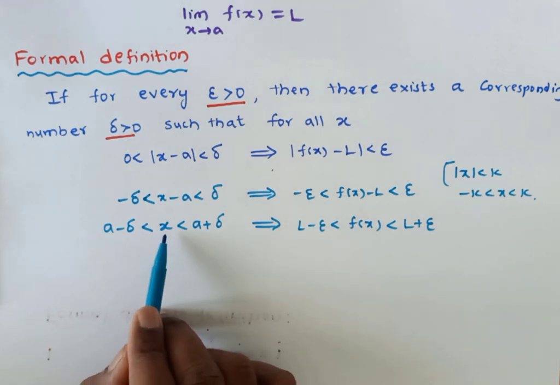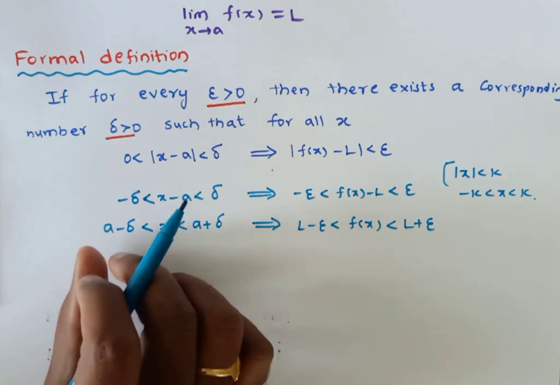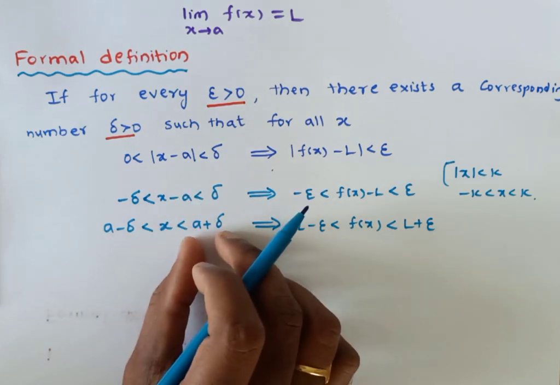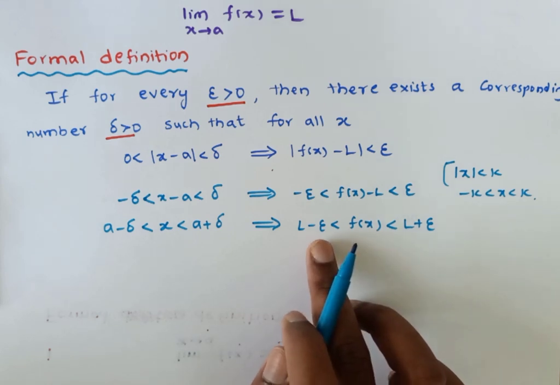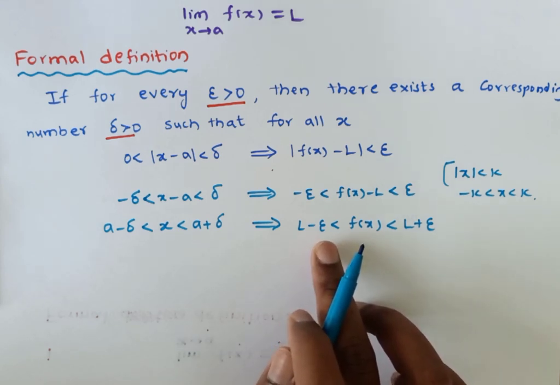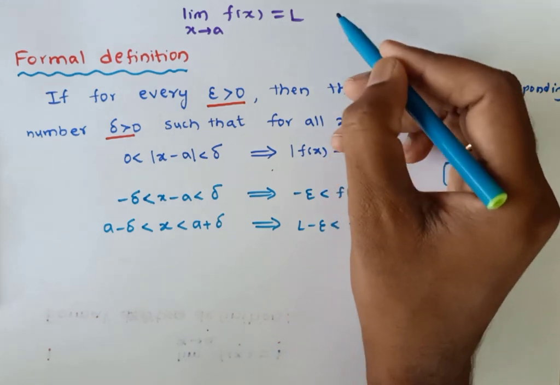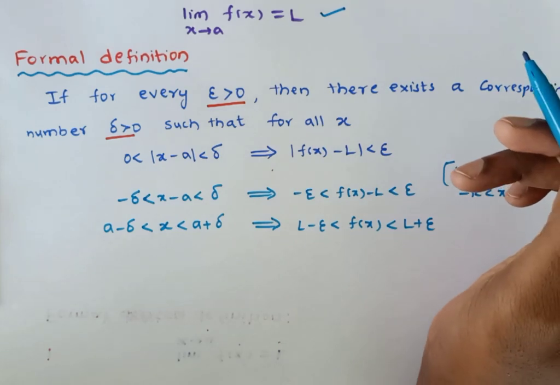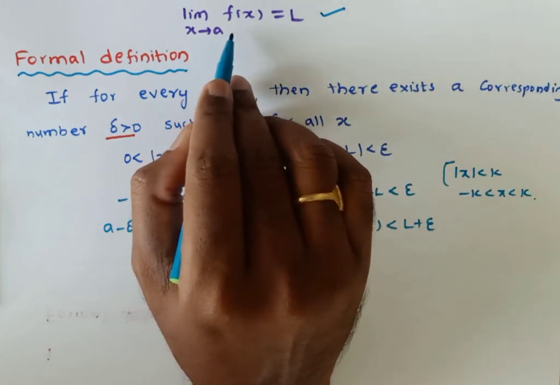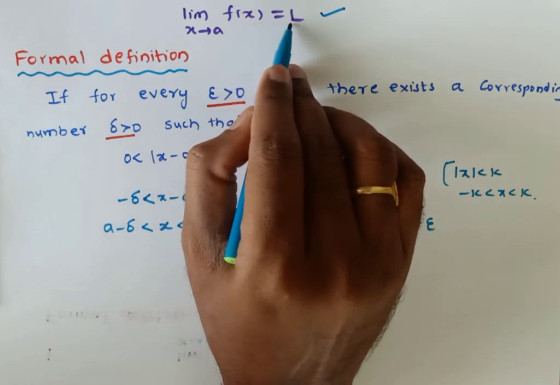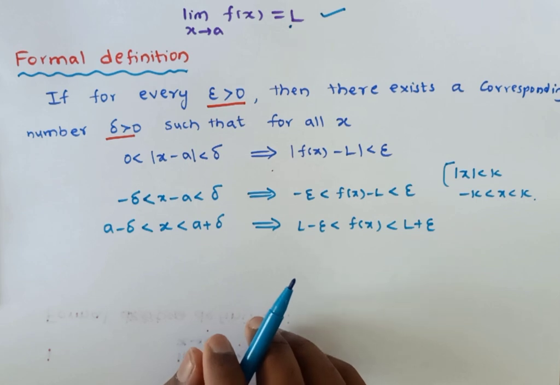Whenever x is in the neighborhood of a, that is, the x value is between a minus delta and a plus delta, f of x value is between L minus epsilon and L plus epsilon. So informally, f of x is L when x is a. That means the value of f of x is in the neighborhood of L when x is in the neighborhood of a.